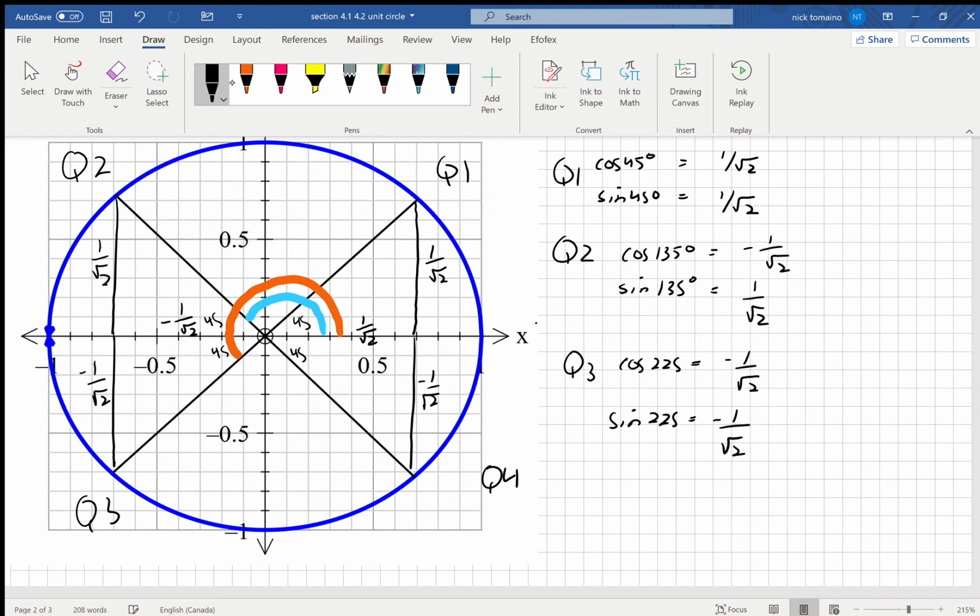Okay, and then in quadrant 4, we now have from here all the way to here is going to be 315 degrees.